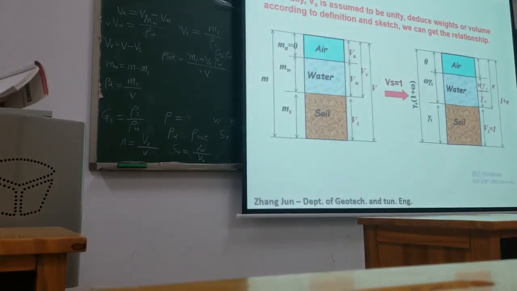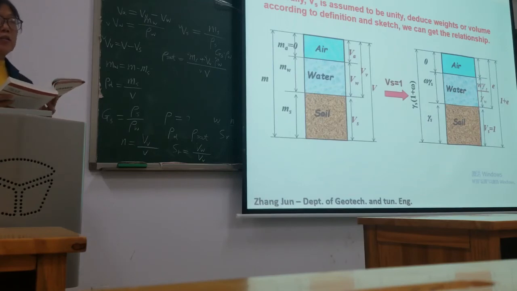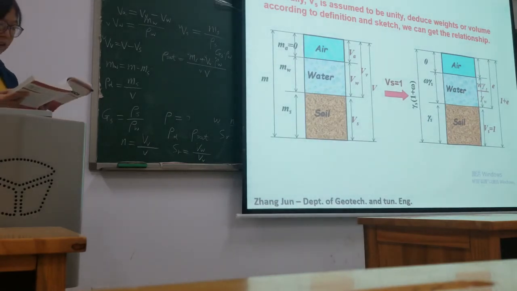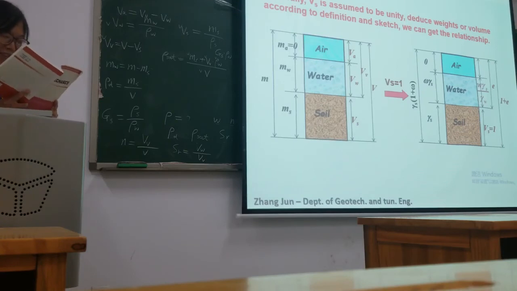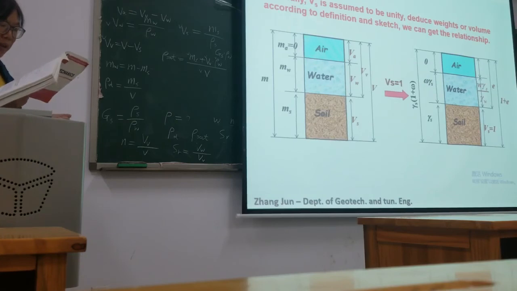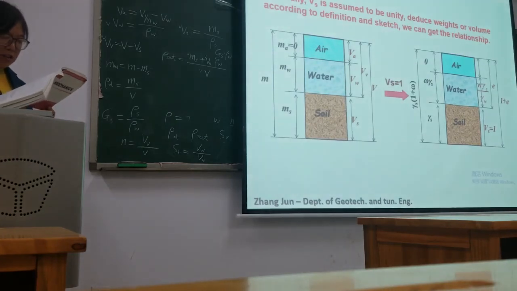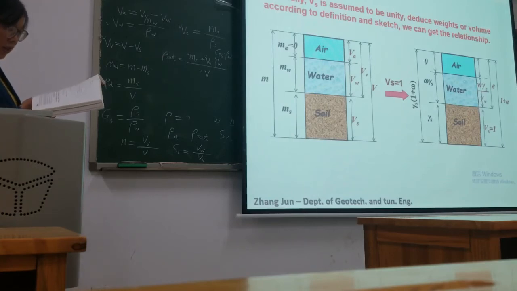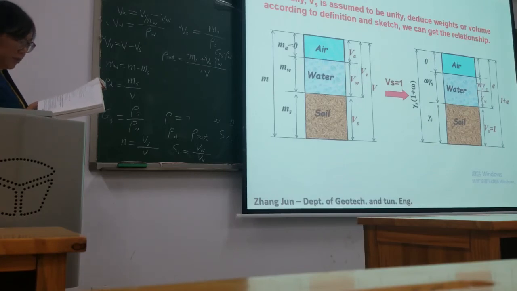Maybe example 1.4 is difficult. Yes, maybe it's complicated or difficult. A soil sample has a water content of 12% and the unit weight of 19 kN per cubic meter.